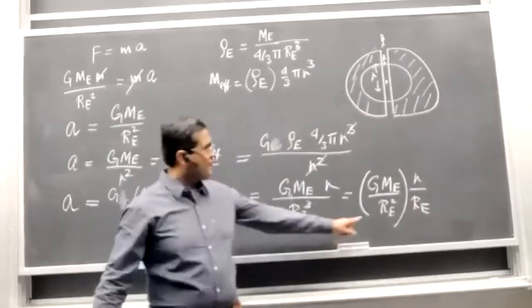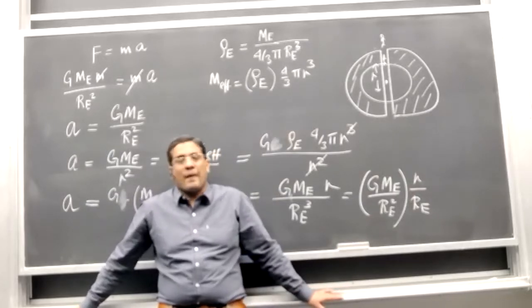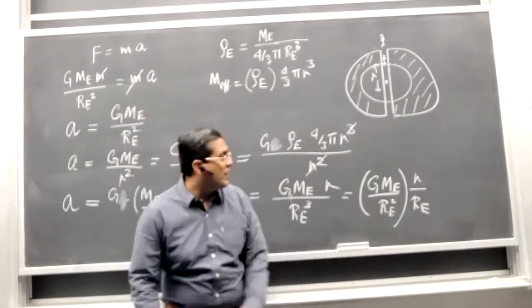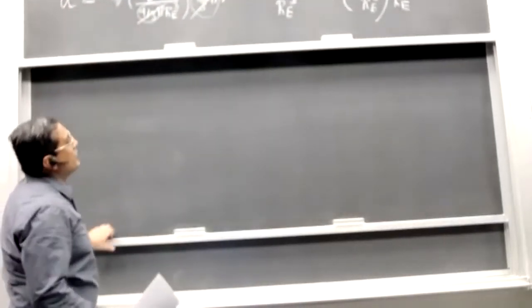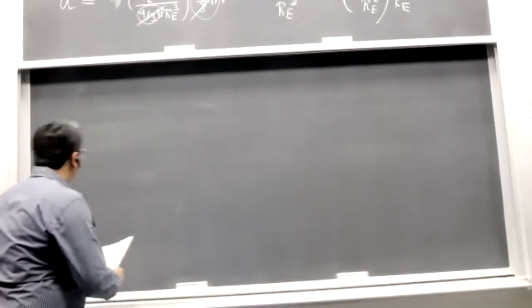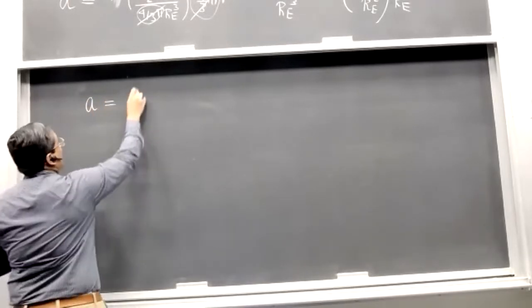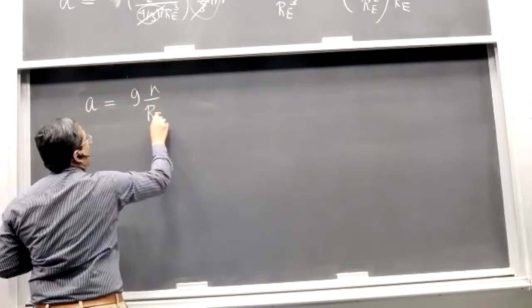Now what is this? ग्रेविटी आ गई, G, small g. So now we can write the acceleration as A equals g R over R_E.